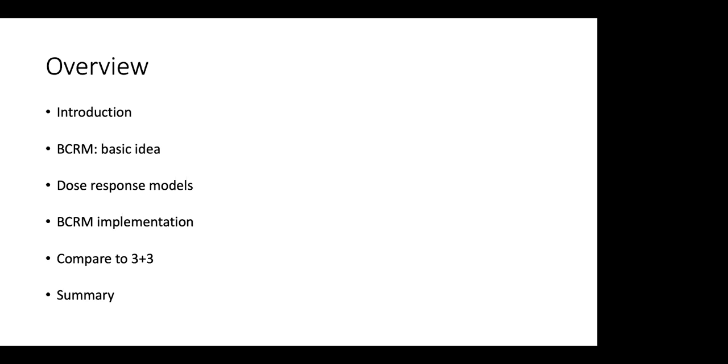This is a model-based method, so we need to have the dose response model to use this method. So in the next section, I will introduce some of the most commonly used dose response models to model the dose response curve. And then after that, I'm going to go through how to implement the BCRM and then compare the operating characteristics to a 3+3 design, and the summarization.